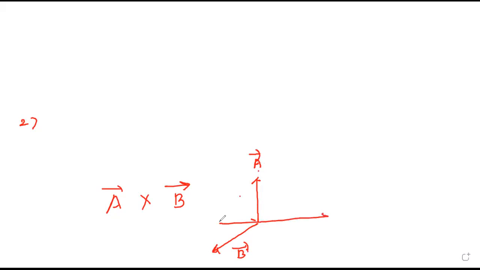Can I say along x-axis? Yes, sir. So if this is E bar, electric field, this is B bar, magnetic field, then their cross product represents the direction of propagation, that is x-axis. Okay, second point then.